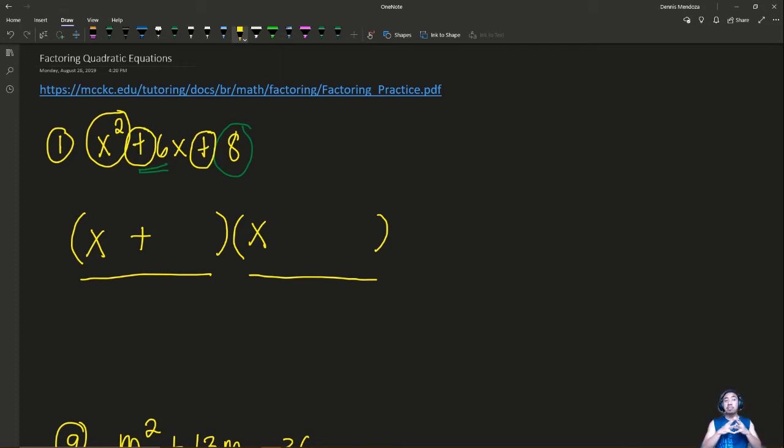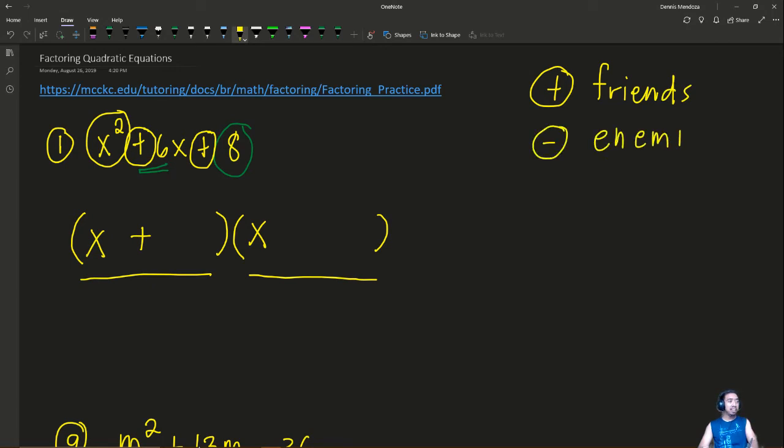So if it is plus, it only means they are friends, okay? So remember this. Plus means friends, while a minus means enemies, okay? So ano ibig sabihin? If they are friends, then they should be the same.